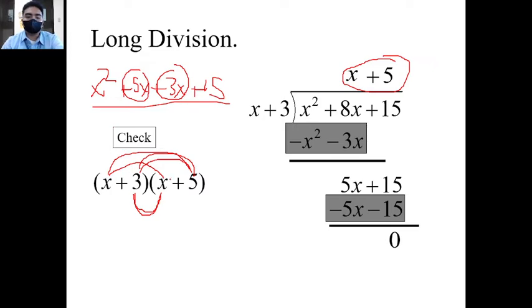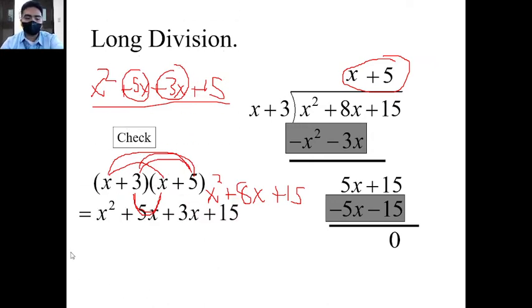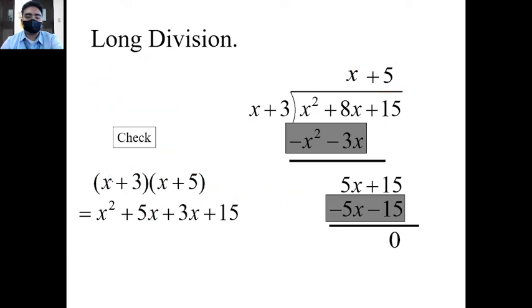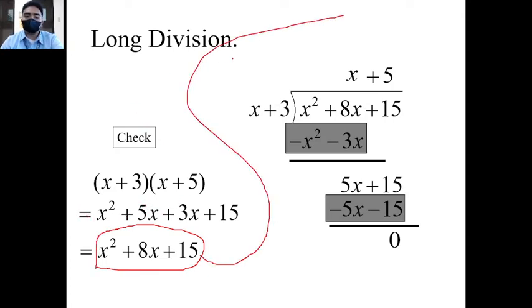The answer will be 8x, correct. So the final answer would be x squared plus 8x plus 15. Okay, that is our final answer. And if you will notice, the product from your checking is just the same as your dividend, correct? So therefore, our quotient from your long division is correct.